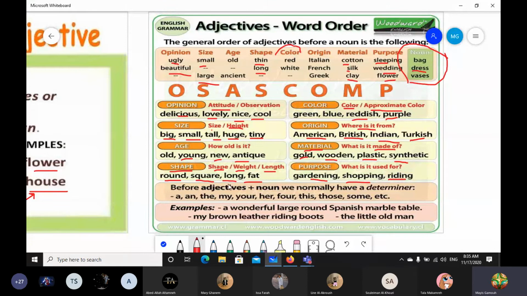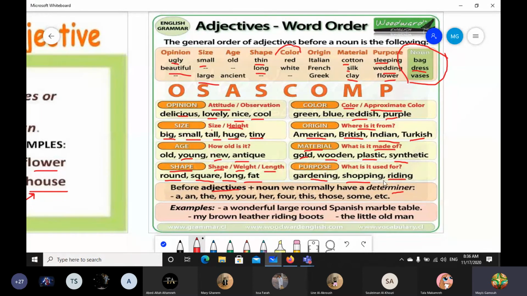Before adjectives, plus noun, we normally have a determiner, something that determines my adjectives. So if it starts with a vowel, I might use an, or if it starts with a consonant, I will use a or the, or if it is something that belongs to me, I could use my, or your, or her, or this, or those.